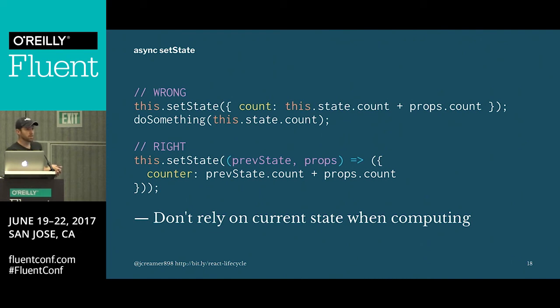That will potentially have a race condition where your props aren't set exactly right, and you can run into some bugs. So if you're trying to rely on some previous state, you have to pass setState a function, and you get the previous state, and you can pull the previous state.count plus your new prop. Just a nice little tidbit of information.